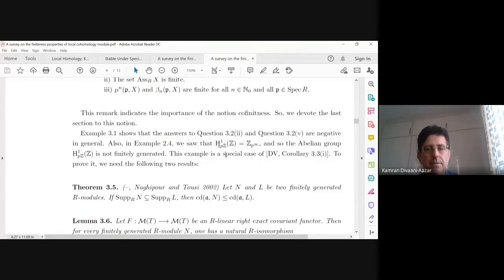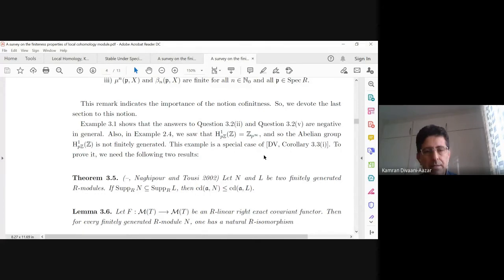So this is another example that local cohomology modules are not always finitely generated. But also here, one is the top non-vanishing local cohomology for Z. So this example is a special case of the next result, which is due to Divaani-Aazar and Vahidi.